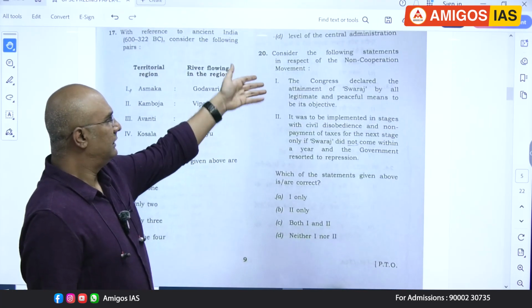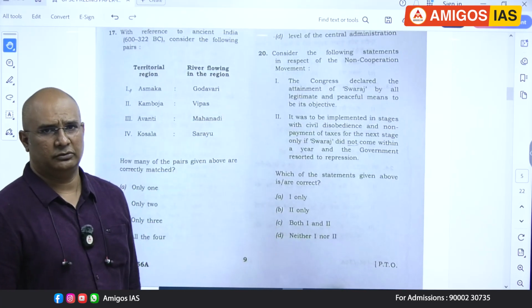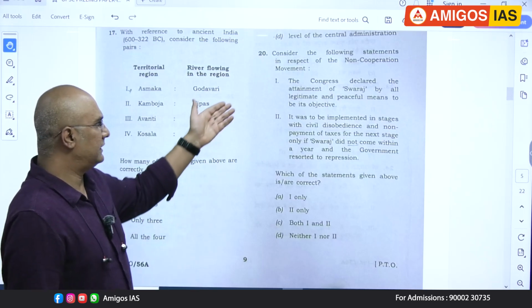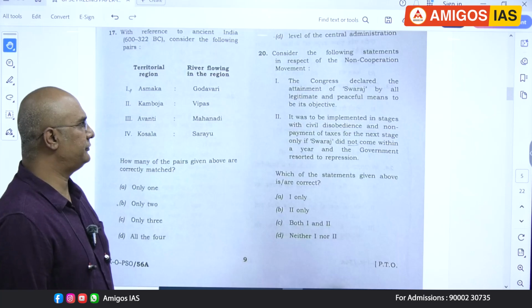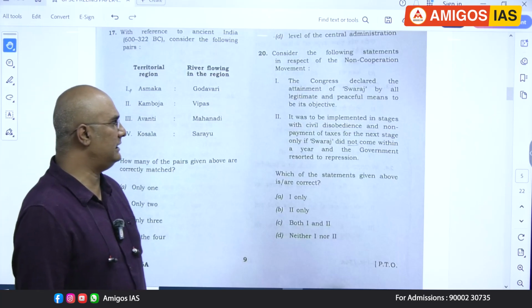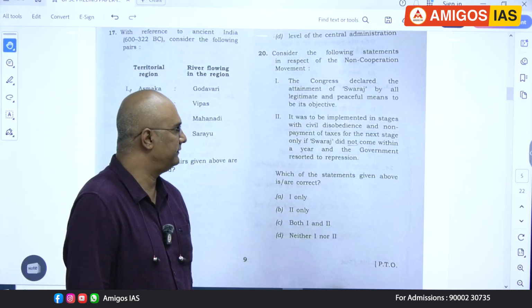Next, a question again from modern India with respect to the non-cooperation movement. Let us see the 2 statements and see which of them are correct. The Congress declared attainment of Swaraj by all legitimate and peaceful means to be its objective.